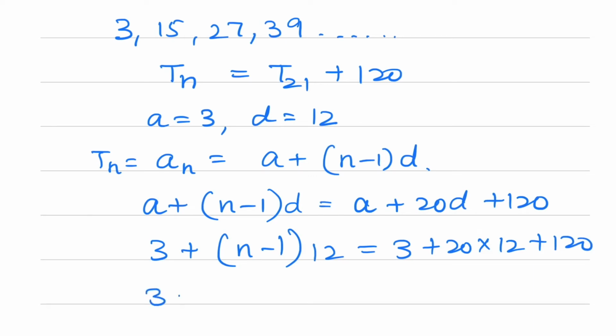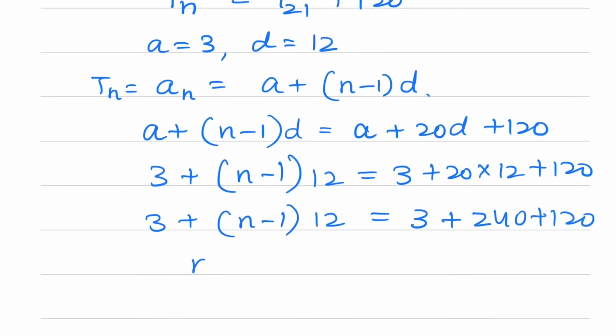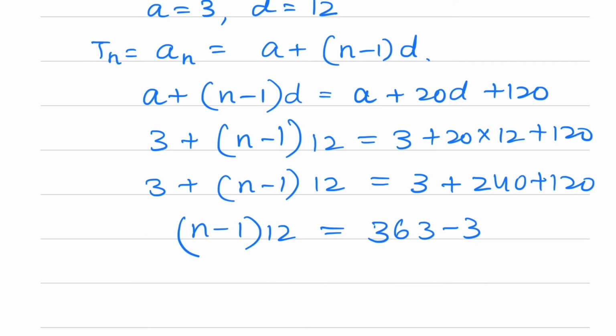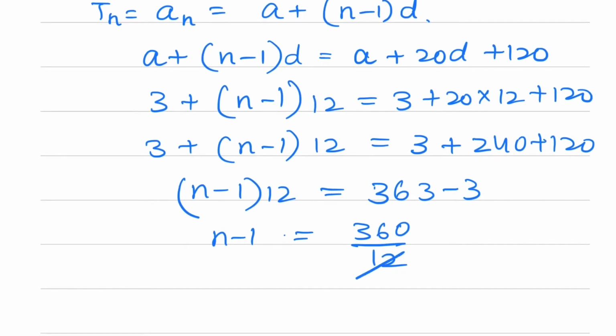Now 3 plus n minus 1 into 12 is equal to 3 plus 240 plus 120. Now n minus 1 into 12 is equal to 363 minus 3. Now n minus 1 is equal to 360 by 12, so this is 30, so n is equal to 31.